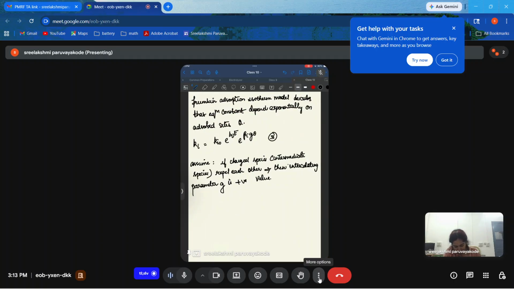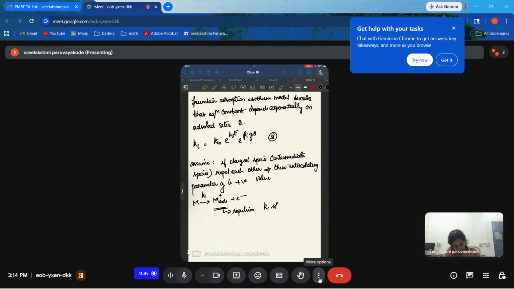If it's not clear, I'll explain again. The first step is M giving M adsorbed plus electron. Here more and more M adsorbed is getting formed. When more and more M adsorbed is formed, repulsion can happen, which prevents them from forming; they repel each other. So what does that mean?